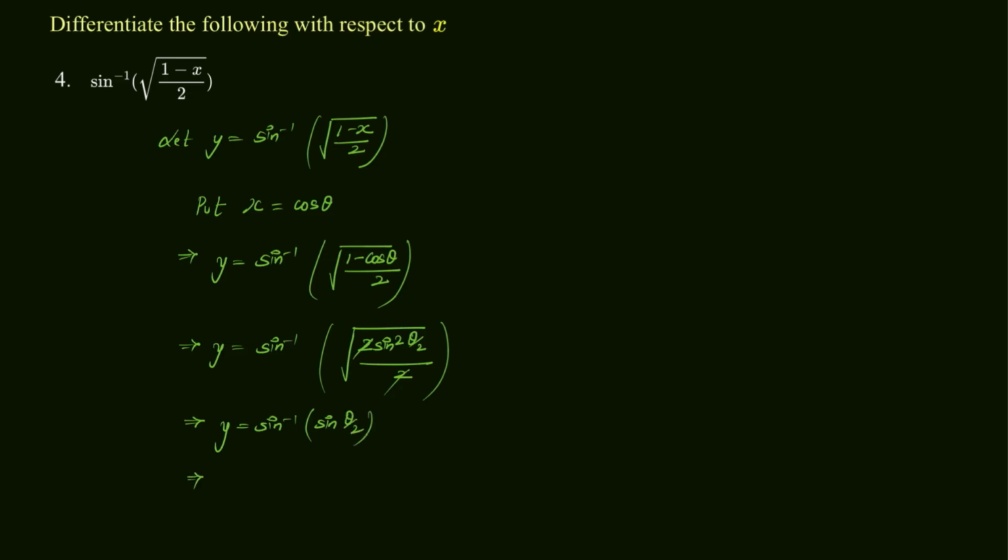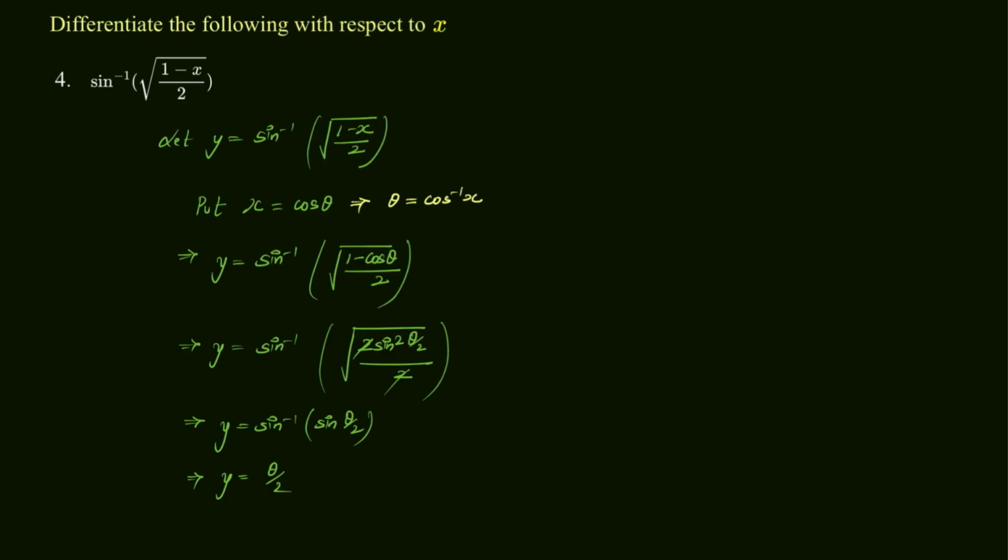And sine inverse of sine gives only theta by 2. Now since we had assumed x as cos theta, but my function was given in terms of x, we have to transform this theta, because x equals cos theta, that means theta will be equal to cos inverse of x.